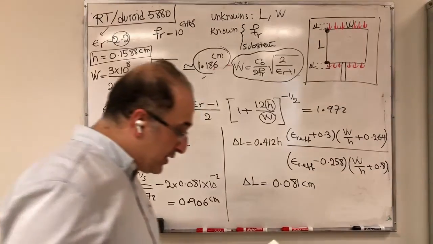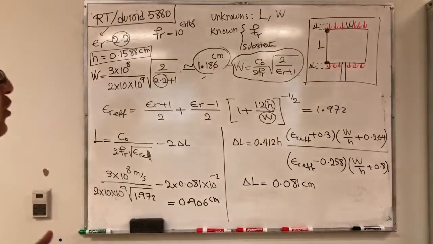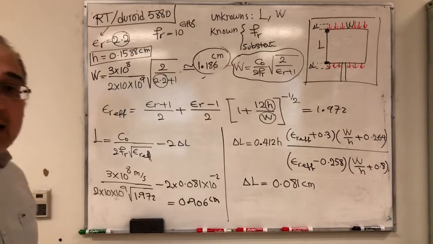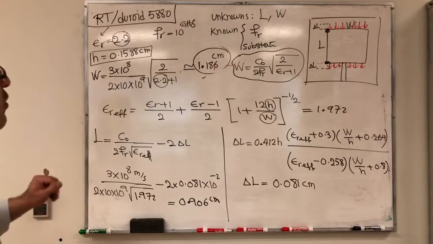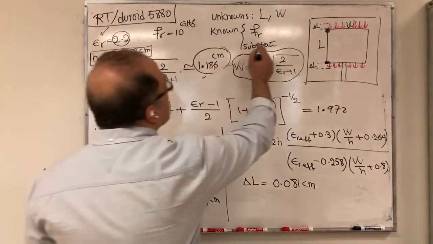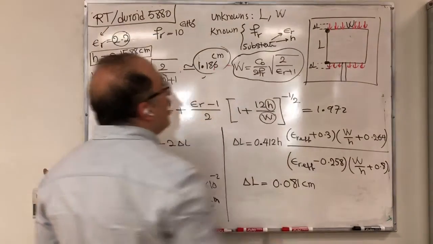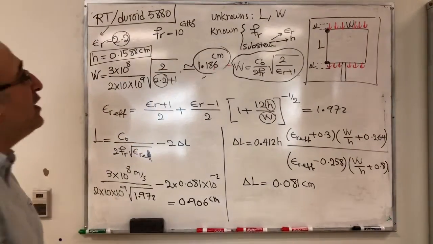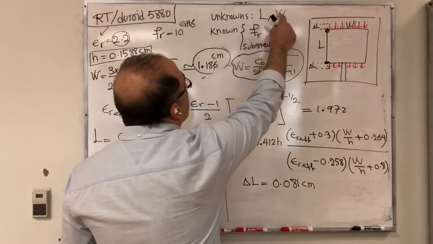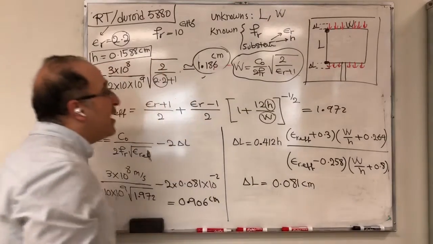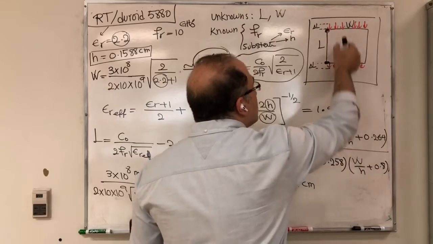So now to summarize what happened here, essentially I'm going to use 4 steps in the design of the geometrical situation. So again, remember that I know my substrate, therefore I know my epsilon_r, and I know my h, the height or thickness of the substrate. You know what frequency you want to design for, and then you want to find your L and W, this is your L and this is W, and the feed is coming this way.